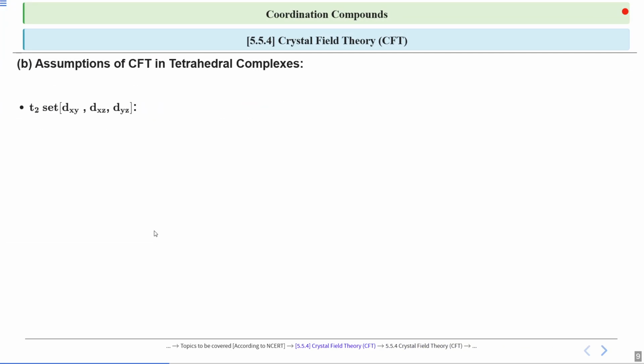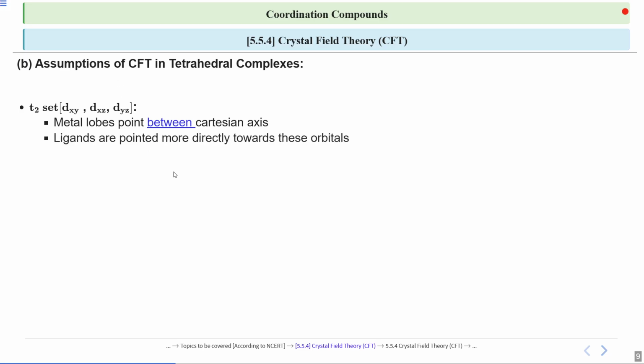Now, the T2 set contains 3 d orbitals: dxy, dxz and dyz. So here the metal lobes point between the Cartesian axis. That means the metal d orbital lobes are present between the Cartesian axis and the ligands are pointed more directly towards these orbitals.